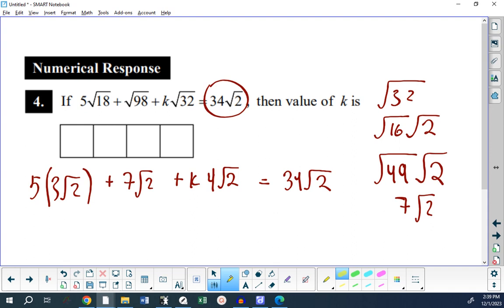So again, the idea is that these coefficients have to add up to give that coefficient. Hopefully that next one you can do now.